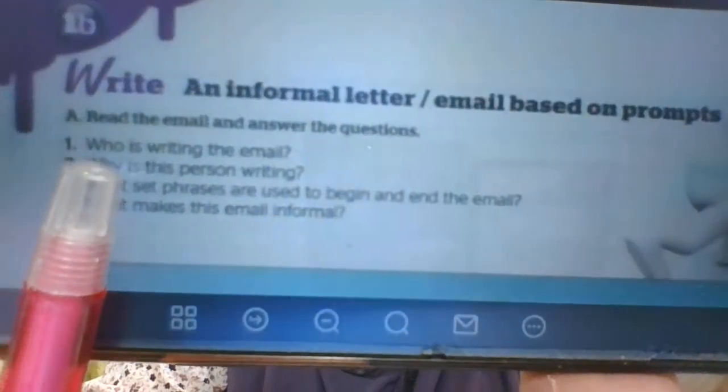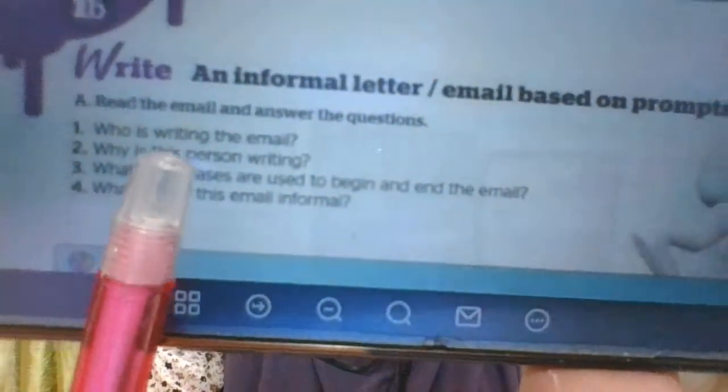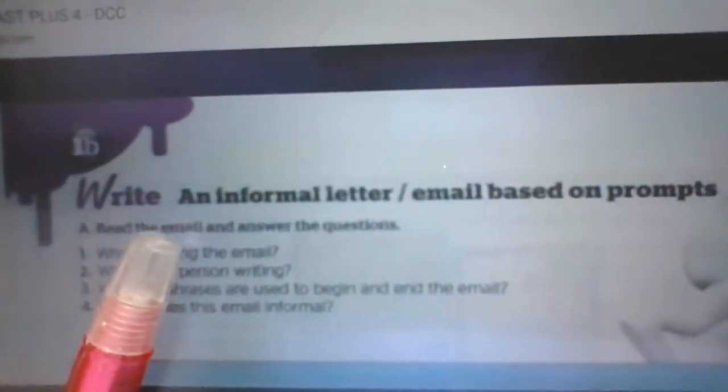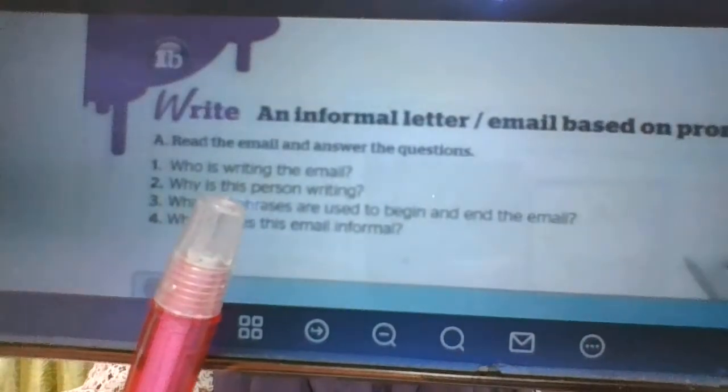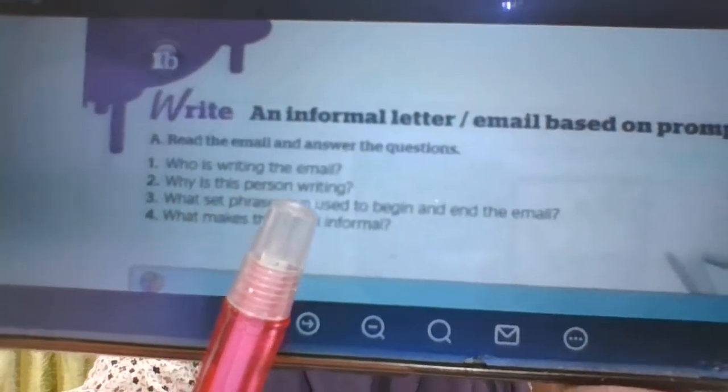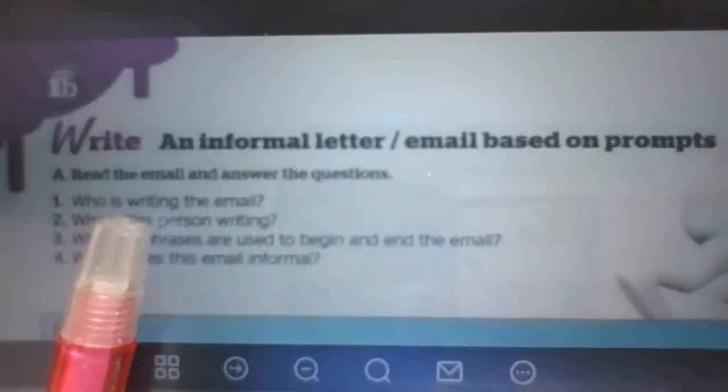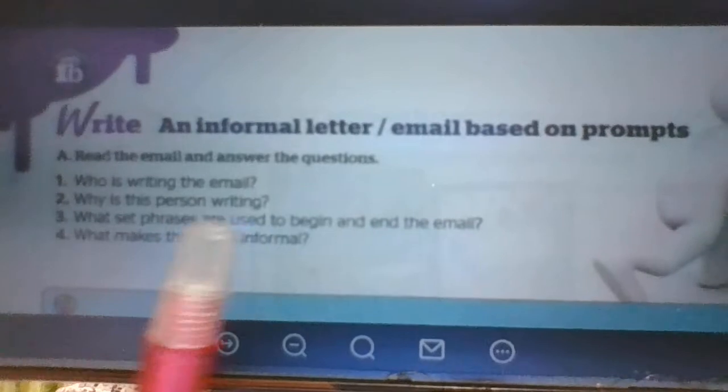Number 1. Who is writing the email? Siapa yang tulis email itu? Number 2. Why is this person writing?